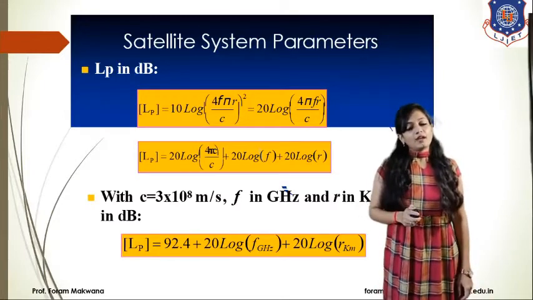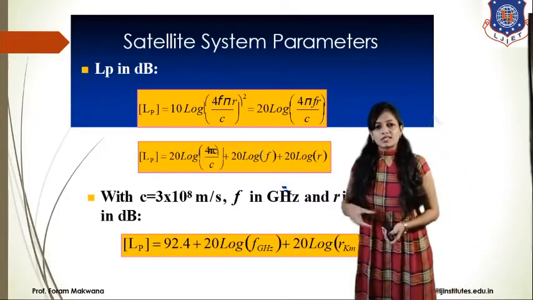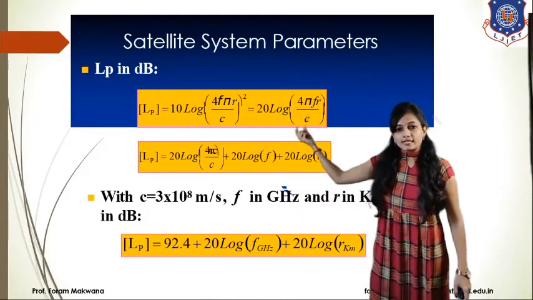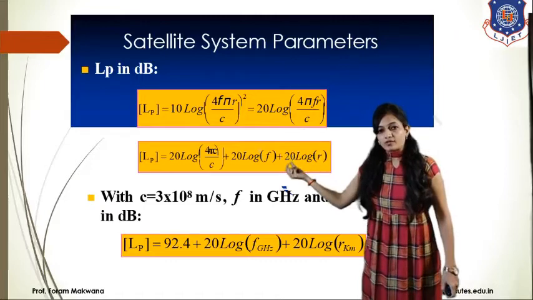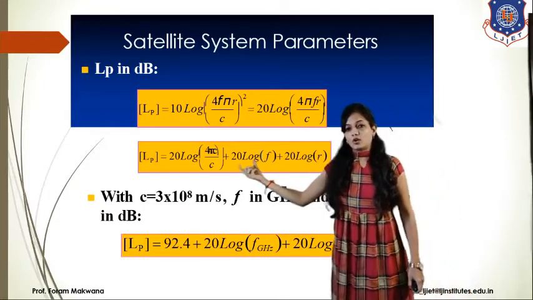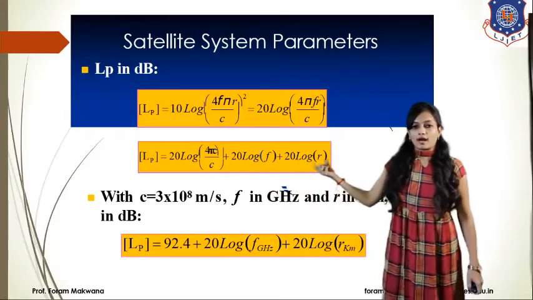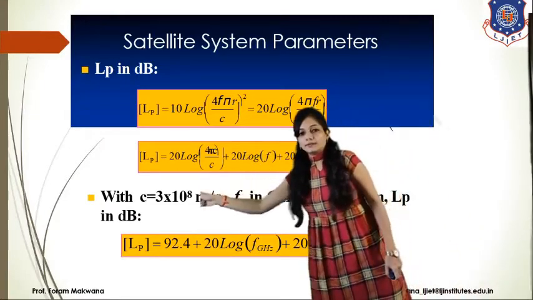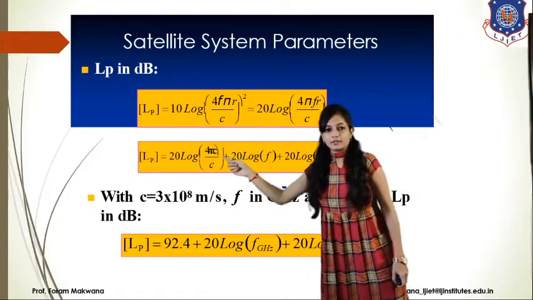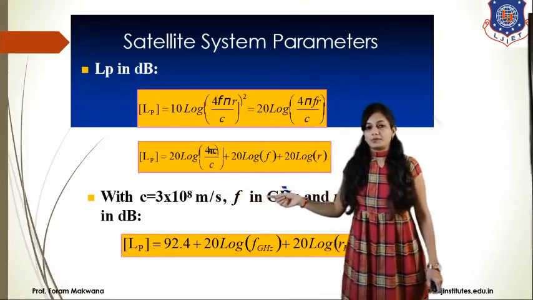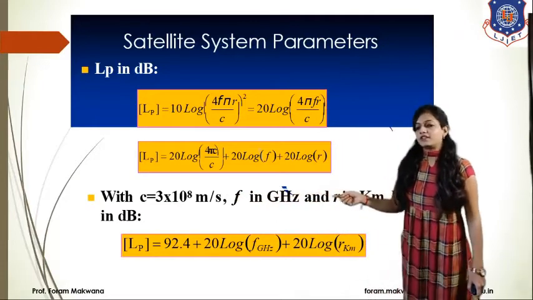If we separate out this quantity, that is 20 log (4 pi upon c) plus 20 log f plus 20 log r. I can solve the first quantity for c equals 3 into 10 raised to 8 meter per second, and the frequency is given in gigahertz.